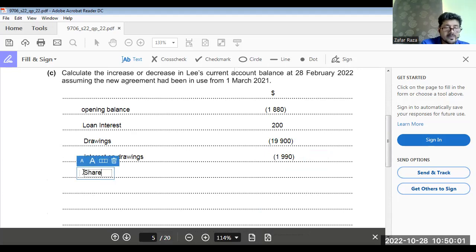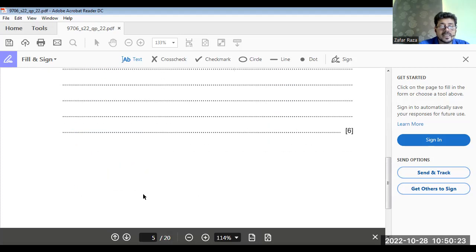Now, share of residual profit. Before entering the share, we have to calculate the residual profit again.